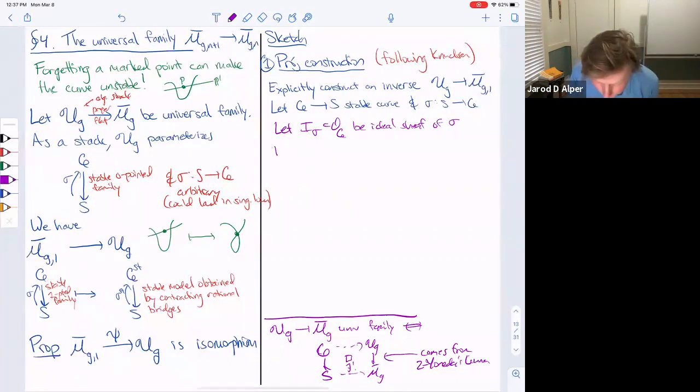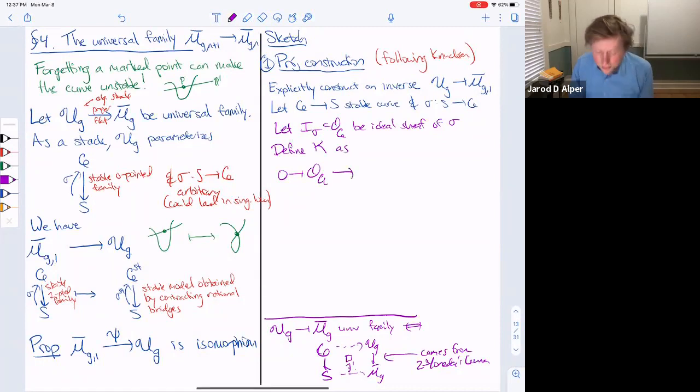Then you define K as follows. You have a map from O_C, because the ideal sheaf includes into O_C, which maps to the dual of I_sigma. Then I also map via the identity to another copy of the structure sheaf, and I take K as the quotient.